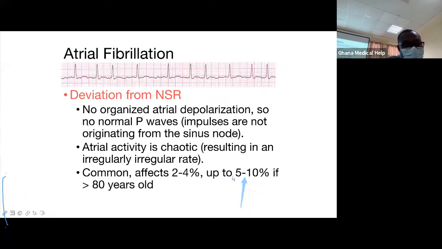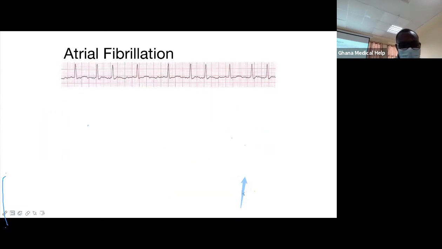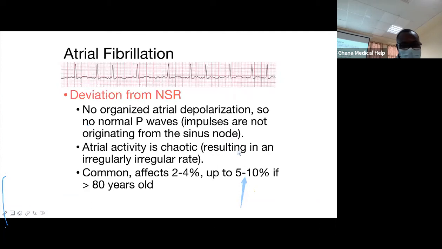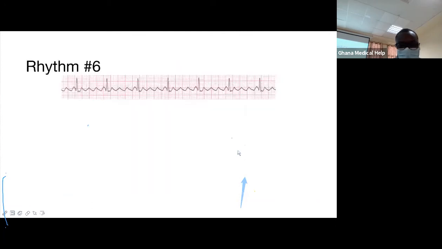By prevalence, it affects about 2 to 4% of people. As you grow old, you are more at risk of atrial fibrillation because of underlying structural heart issues, fibrosis and all of that.